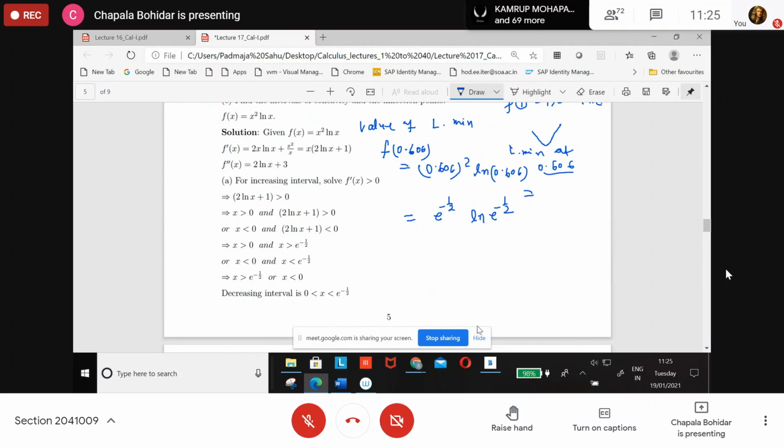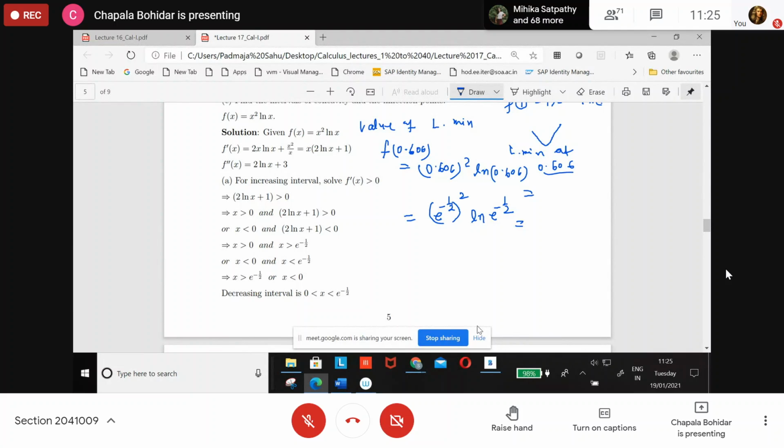That is e to the power minus half, e to the power minus half, so it is minus half of e to the power minus half, squared.